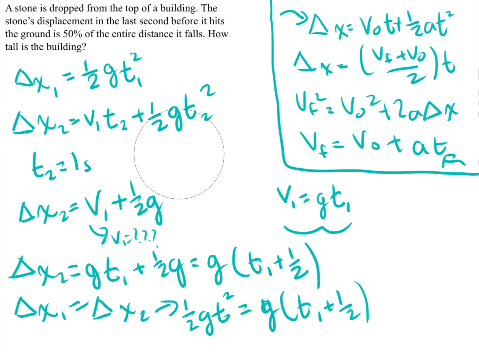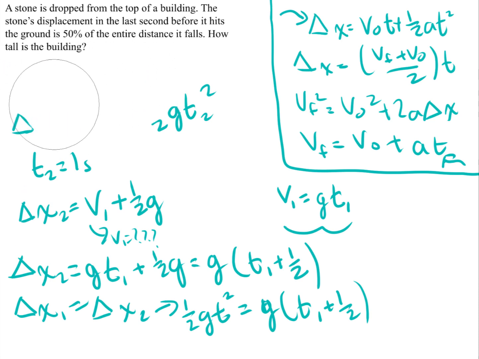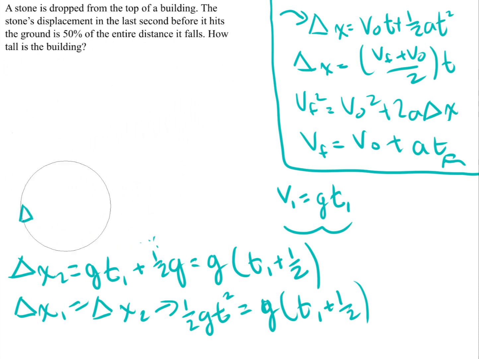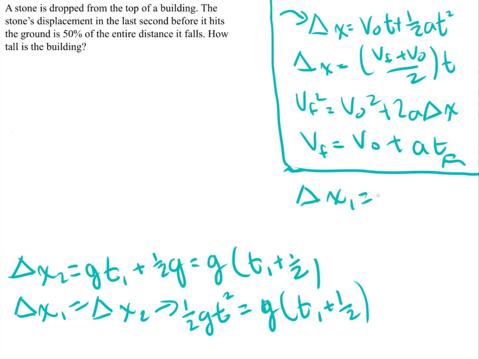I'm going to erase some of this stuff up here to make more space. Again, we're solving for t1, the time it takes for the first part. We are going to need these equations later on, so I'm going to rewrite them down here: g times (t1 plus 1/2).